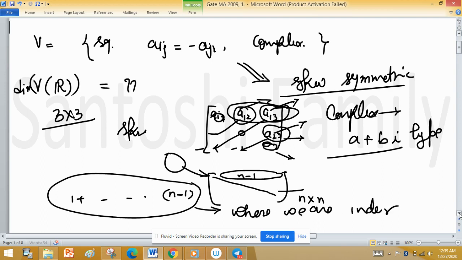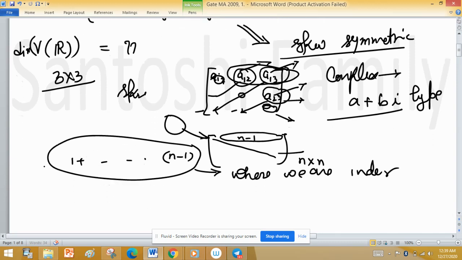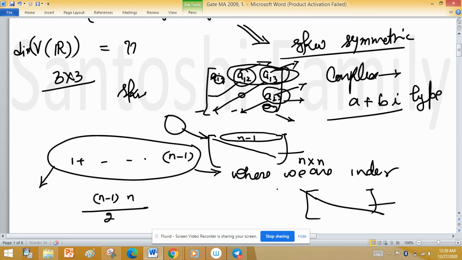It means apply the formula. The sum of the first n minus 1 natural numbers will be n minus 1, add 1, so it will be n divided by 2. Now suppose it is a matrix. This is our first non-zero entry, and this is diagonal, so this is 0. So suppose a plus b iota type, this entry will be a plus b iota type, and we are independent here.